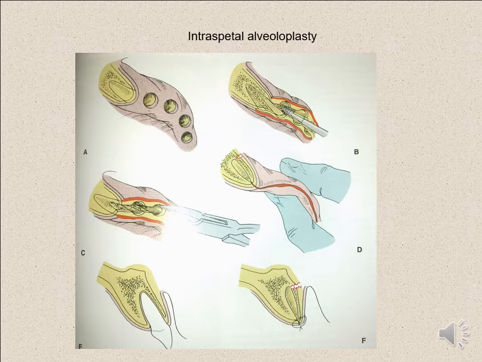After a series of extractions for the posterior teeth, we do an incision on the alveolar ridge and then cut the interseptal bone between the teeth and between the roots, and then press from the buccal side, so we reduce the size of the alveolar bone and eliminate the socket.